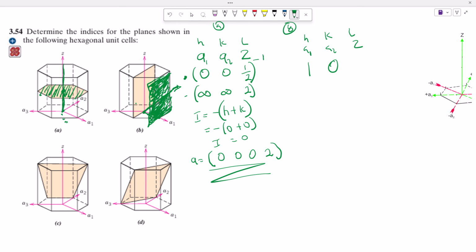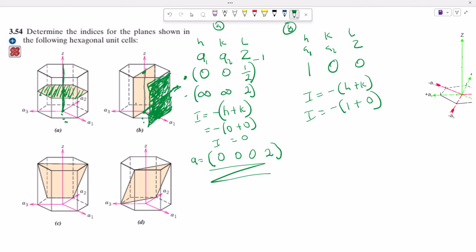Then our L, when we travel upwards, we are not touching our plane from the origin right here. When we travel upwards, we are not touching our plane also, so we denote that as 0. So we don't need to take a reciprocal here. It's just 1, 0, 0. So let's look for our I, which is equal to negative (h plus k), and our answer is going to be equal to minus open bracket 1 plus 0, which is negative 1.